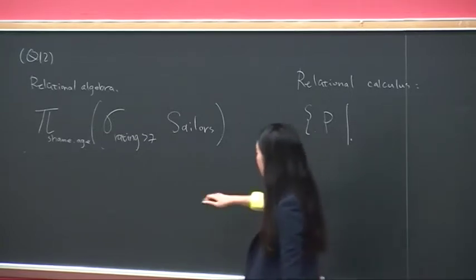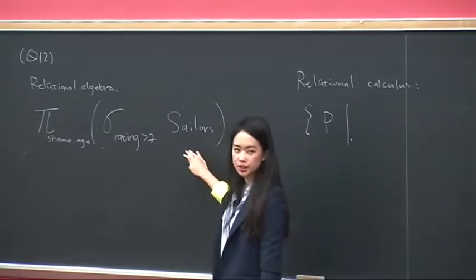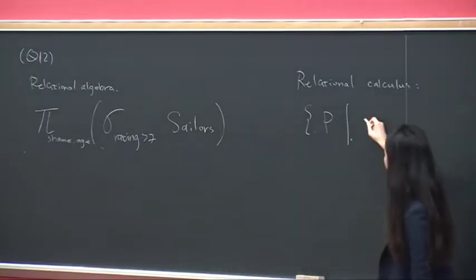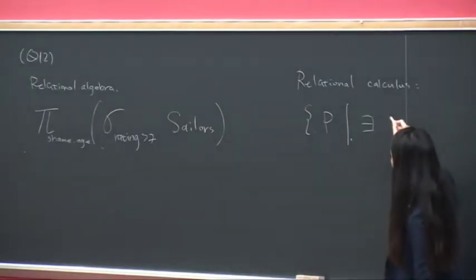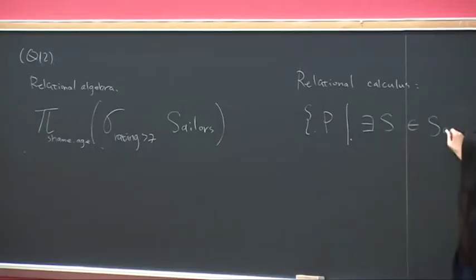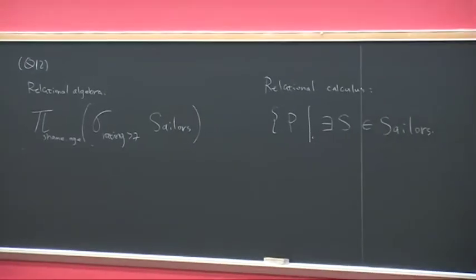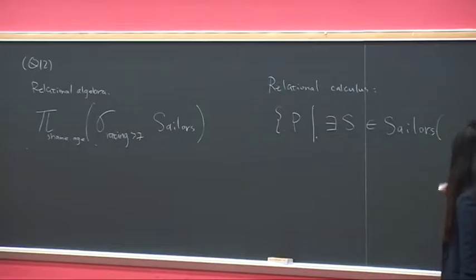And look at here, we only involve one relation this time. So let's say we say there exists S that is in Sailors. Okay, so that's the first thing you want to write down. And we'll work on criteria.